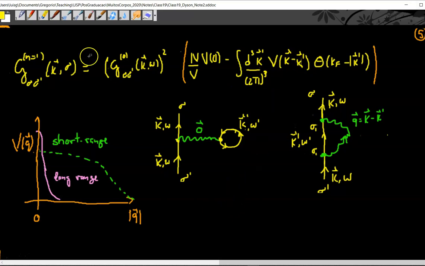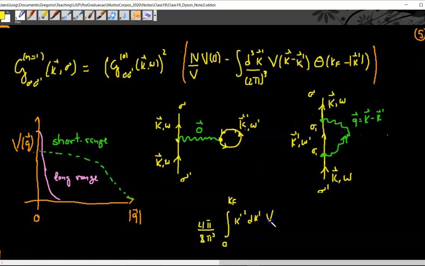We would have something like this. There will be the prefactors, there will be a 4 pi coming from the angular integral. There's this 8 pi cubed here, but you would have something like that. The integral from 0 to kf, something like k prime squared dk prime.